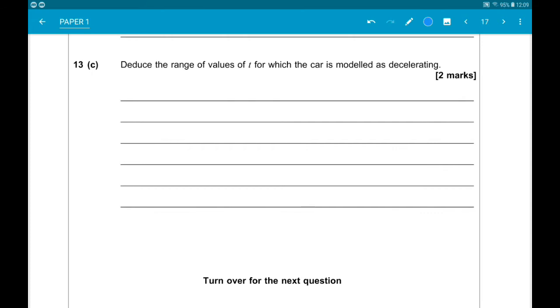Now acceleration was 0 at 13.3 seconds, so just after that we are decelerating. So t needs to be greater than 13.3, and this whole model was about the first 15 seconds of the journey. So we're going to be decelerating all the way up to and including 15 seconds.